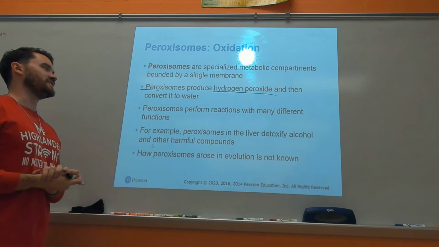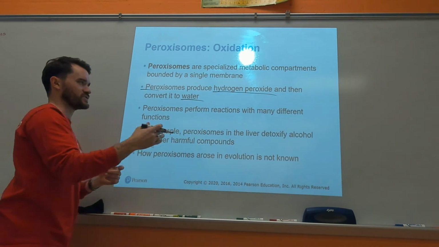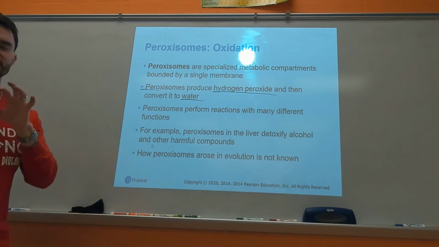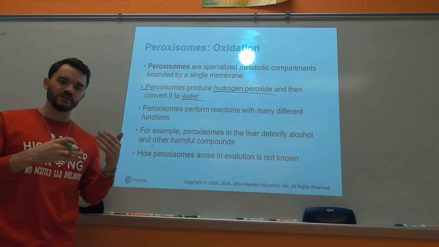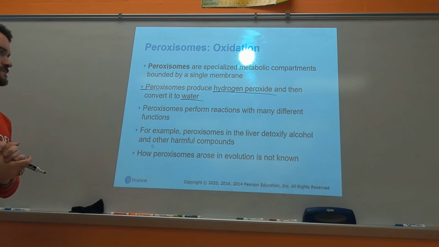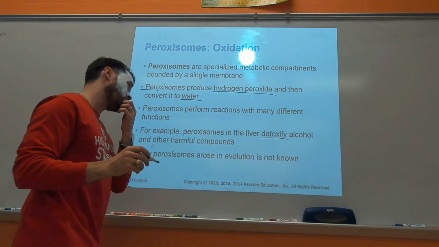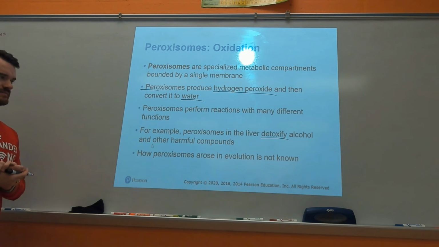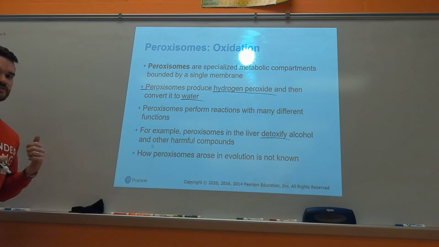We make hydrogen peroxide, and then we want to convert it back to water, because hydrogen peroxide itself is what's in that brown bottle that people sometimes pour on cuts to help kill bacteria. A big function of peroxisomes is detoxification of alcohol. In the liver, along with the smooth ER, you would find a lot of peroxisomes if you drink a lot of alcohol, because you're going to want some way of detoxifying that alcohol.